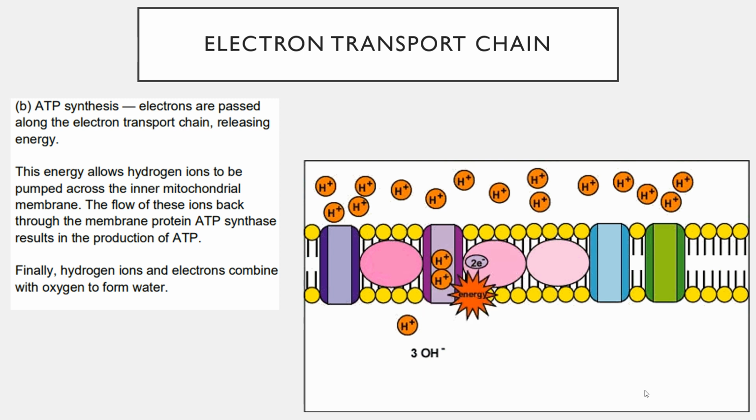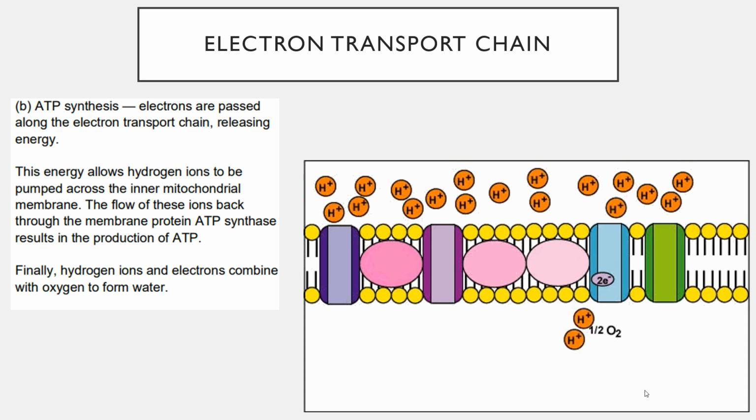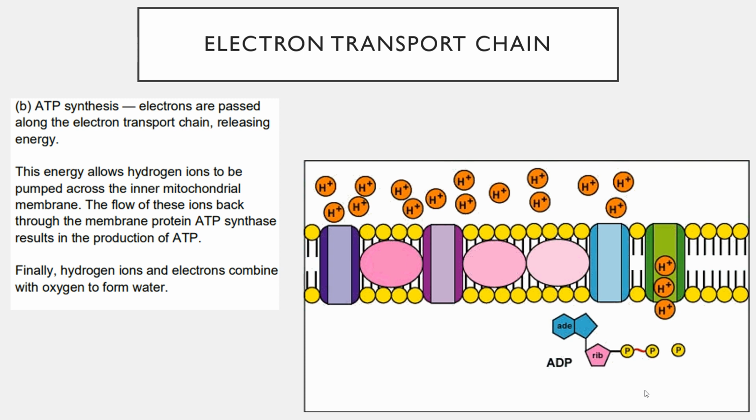Hydrogens will be passed from protein to protein until finally we get to the last protein in the series, the most important, the ATP synthase enzyme. Hydrogen ions pass through the enzyme, allowing it to build more ATP molecules, and then hydrogen will combine with oxygen to make the waste product, water.